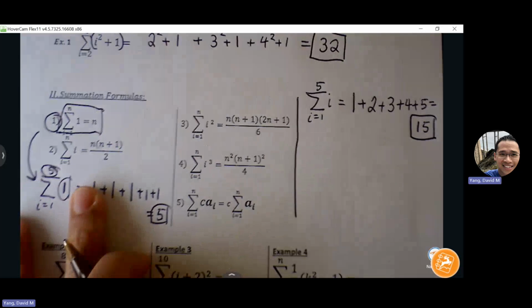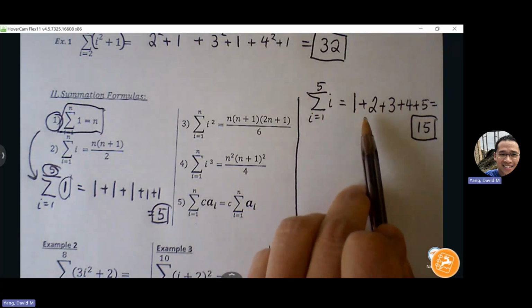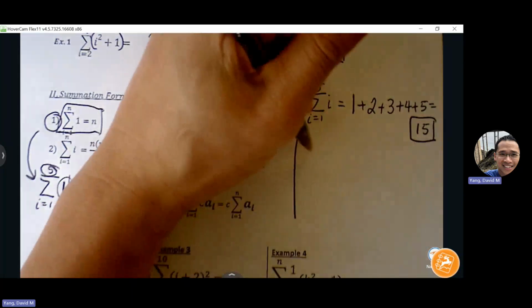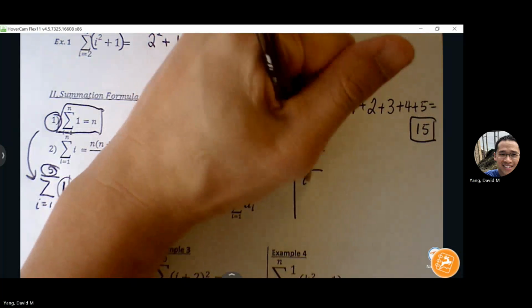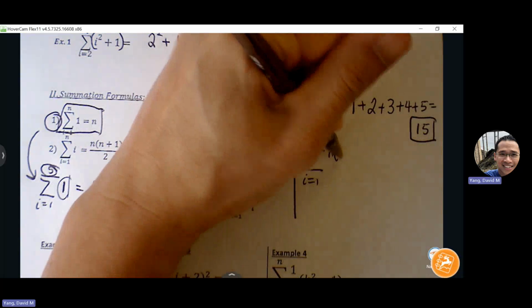Now, obviously, that's not difficult to do, but imagine if you're going from 1 to 100, we would prefer to have some sort of rule. And the rule that we can use is this: n times n plus 1 over 2. I want to show you that this formula works for something that we know to be true.